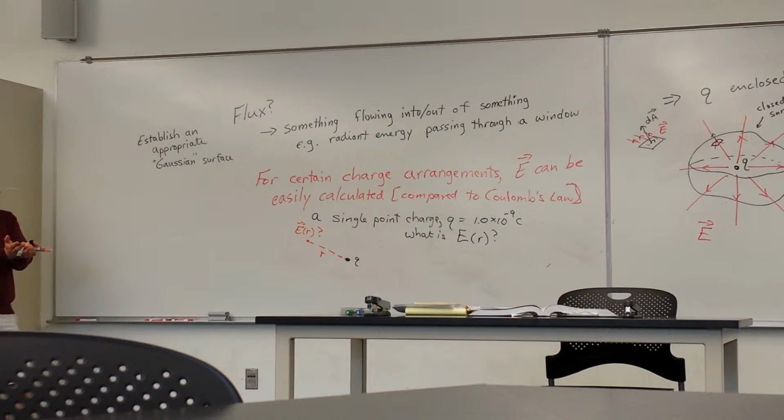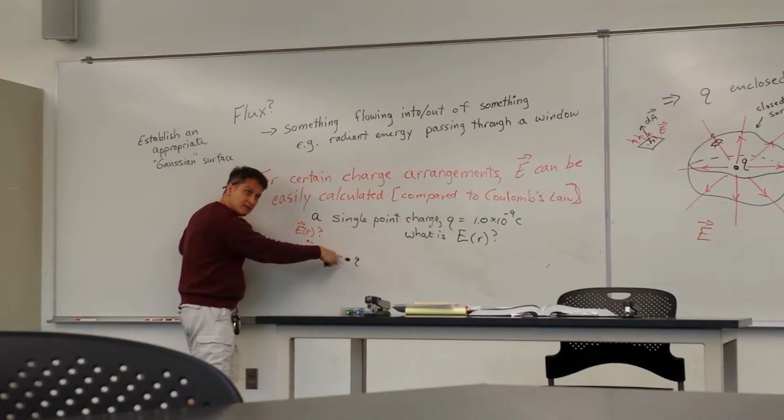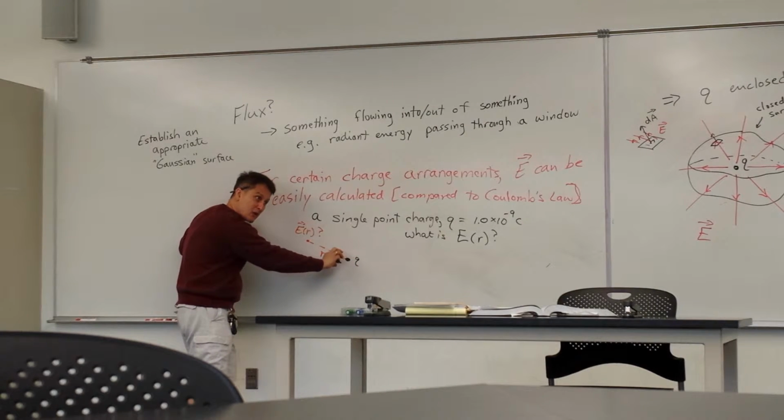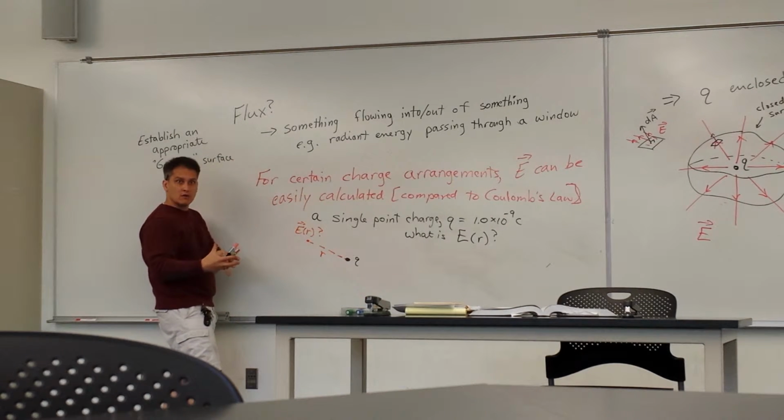Well, since we know something about the electric charge fundamentally, and even if we didn't, we might make some basic inferences. If this is a point or a spherically symmetric charge region, no matter where I am at that same distance away, the electric field will have the same magnitude, regardless of where I am.